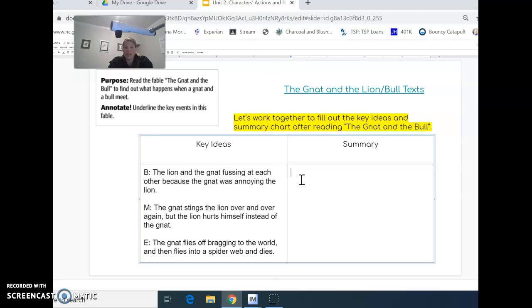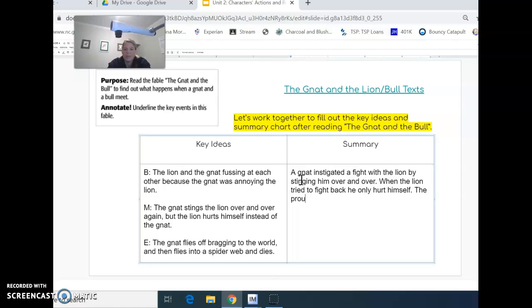Okay, so these are some of the key details that we had in our story. If I wanted to summarize that, I would simply combine those sentences and say, a gnat, and I'm going to use a big word here, instigated a fight with the lion by stinging him over and over. When the lion tried to fight back, he only hurt himself.